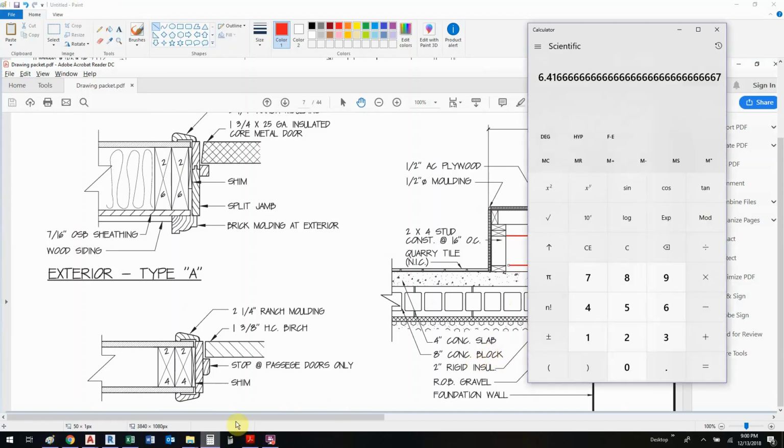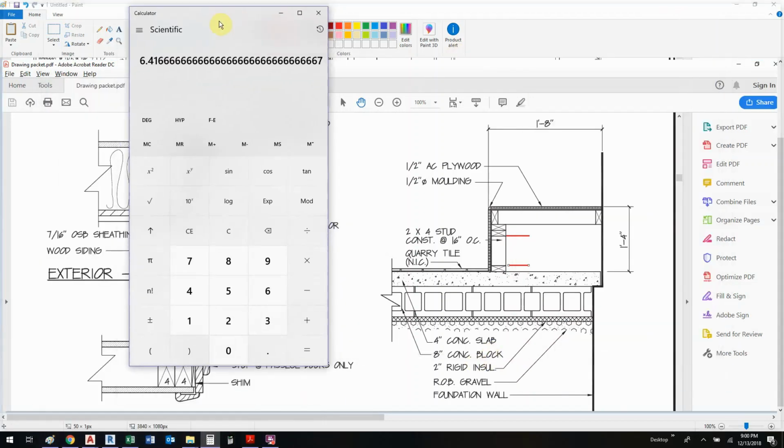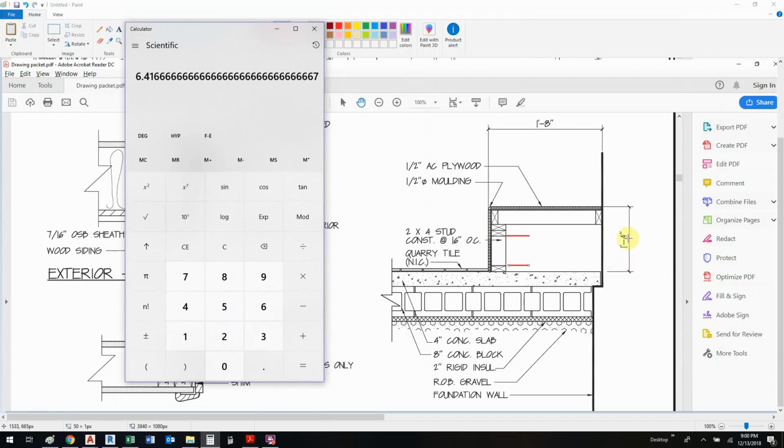So let's pull up the handy dandy calculator here. And I've got 1 foot 4 inches. So that's 12 plus 4, just so that we can make it simple, 16 inches. We have a 1/2 inch of AC plywood, so I'm going to subtract 0.5. We don't take away this molding. This molding is on the same plane as the plywood. And then we have 2x4 here, but we're talking about the 3.5 inch distance.